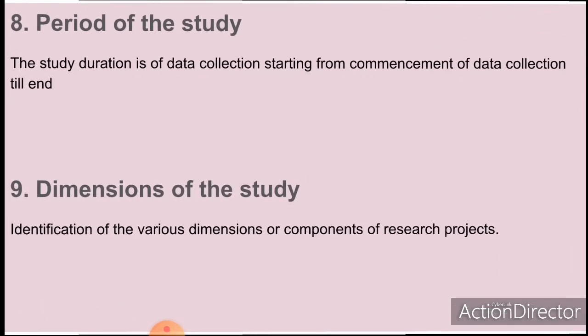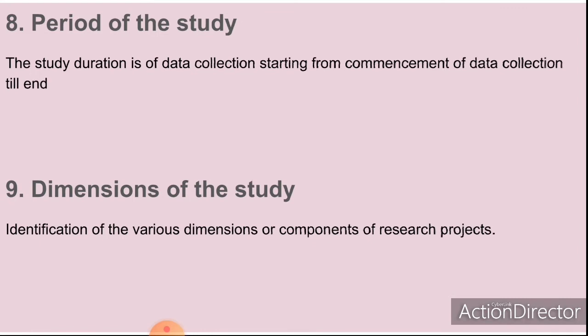Now next step is setting period of study. The researcher should set the period or time dimension of the study. It will explore the problem easily. Next step is identifying dimensions of the study. Identification of the various dimensions or components of the research project is the next step. So the researcher should identify the various dimensions before making the research.